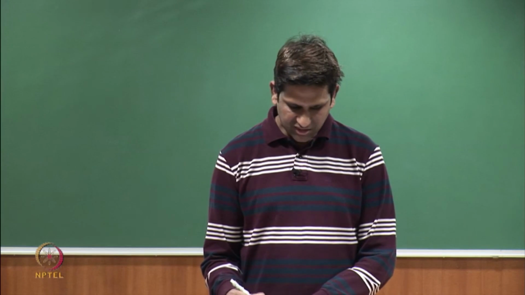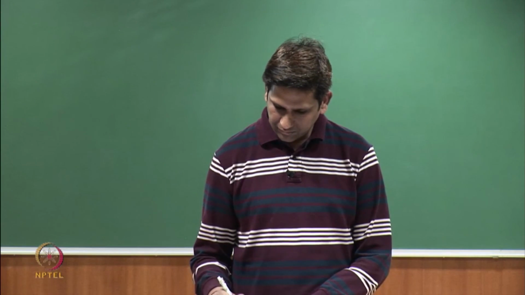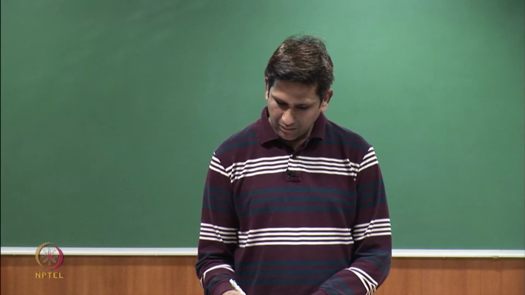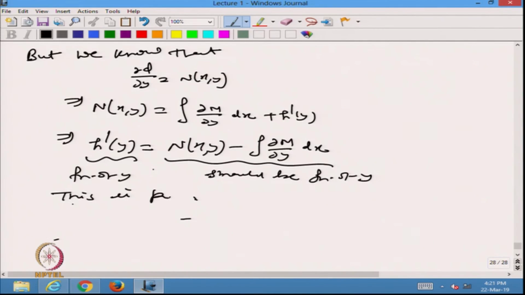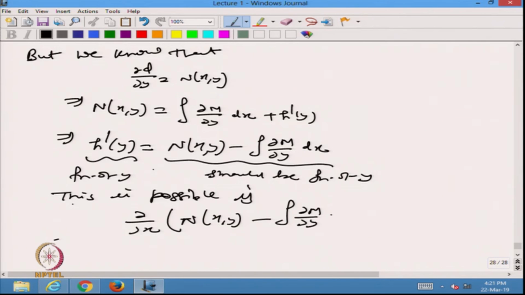So, this is possible if the partial derivative with respect to x of the right hand side, N(x,y) minus the integral of del M by del y dx, is equal to 0.